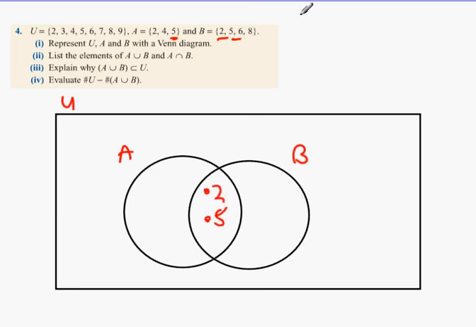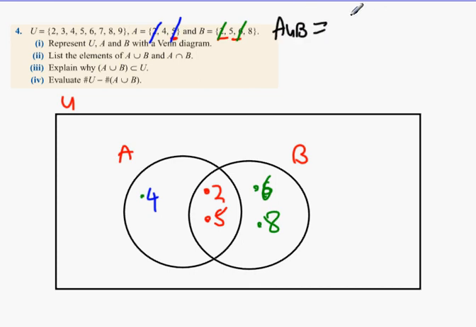Now what does A have left over? 4. What does B have left over? 6 and 8. Now, list the elements of A union B. What's in A union B?